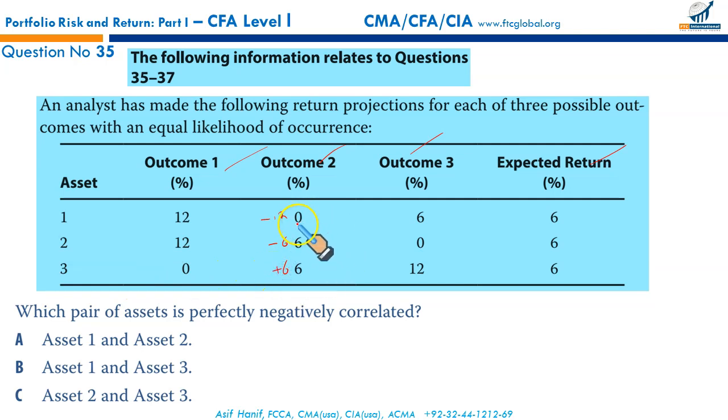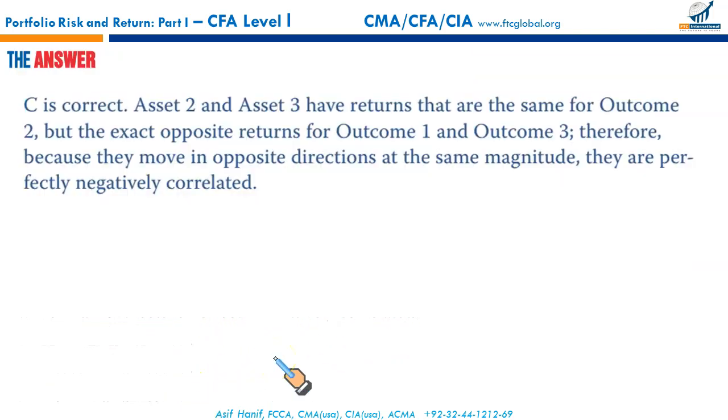And further, 0 to 6 is plus 6, for asset 2 it's minus 6, and then for asset 3 it's plus 6. Just look at this. 2 and 3, they move in the opposite direction. Minus 6 plus 6, minus 6 plus 6, right? So which pair of assets is perfectly negatively correlated? Look no further, asset 2 and 3.